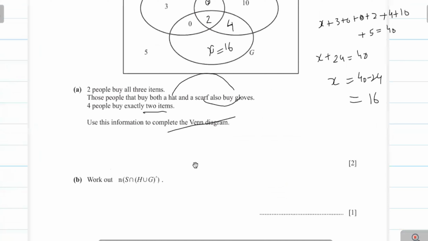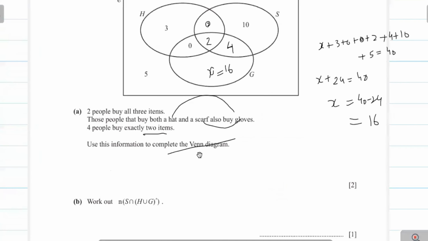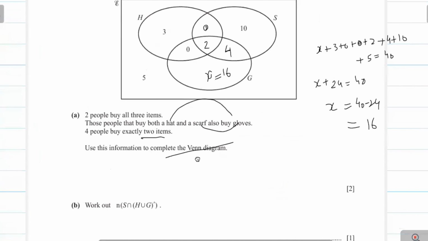You see here the (H union G) dash means the region other than H and G. This is H and G. This region will be the (H union G) dash. And the S intersection is the intersection region. Where both tick marks are present, there are 10. Therefore, the number in S intersection (H union G) dash is 10. This is the answer.